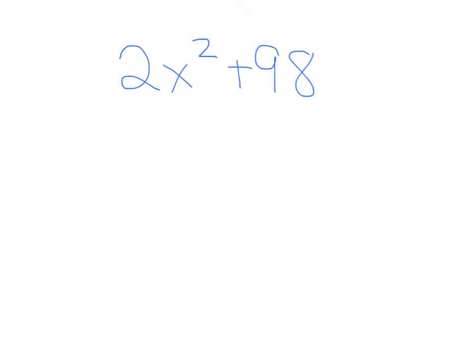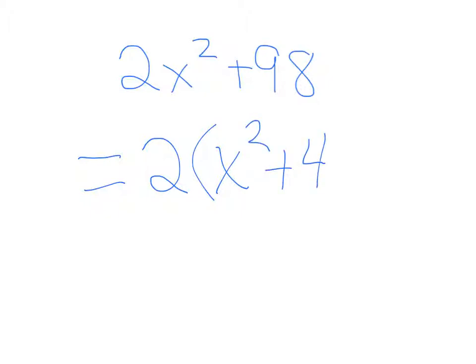The next example looks very similar to the last example, but remember the golden rule of factoring. You always have to take out the GCF. So in this problem, I will first factor out the 2. Then I'm left with an x squared plus 49.